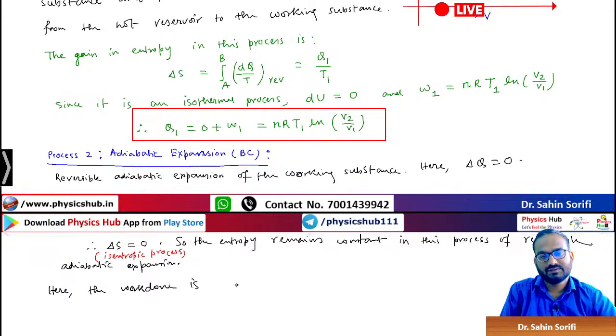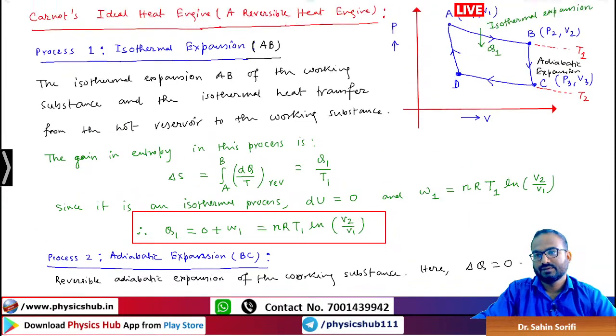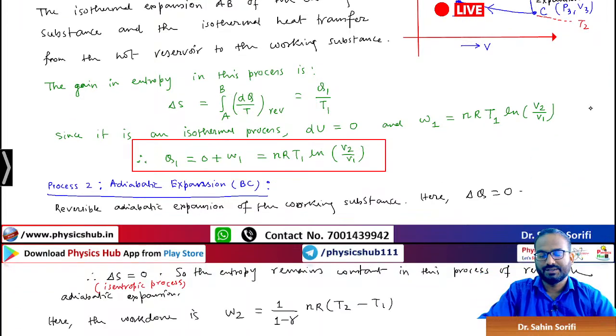Work done, let us say we are denoting it by W2. We will have to use the formula of adiabatic work done, that is 1 by 1 minus gamma into nR (T2 minus T1). You can see final temperature is T2, initial temperature is T1.